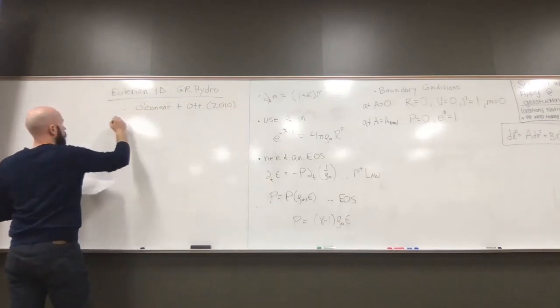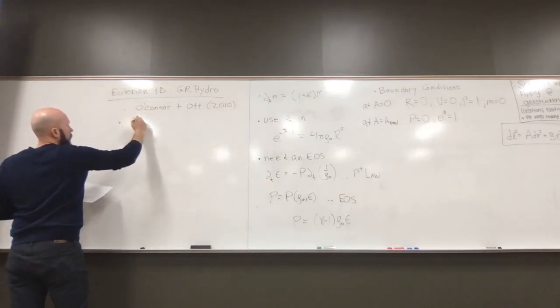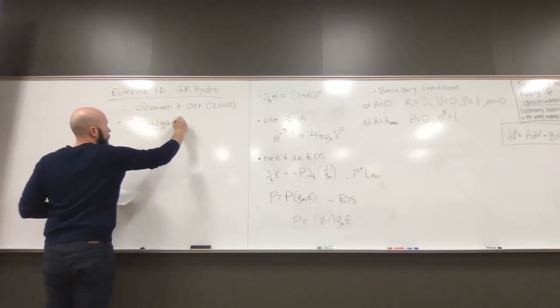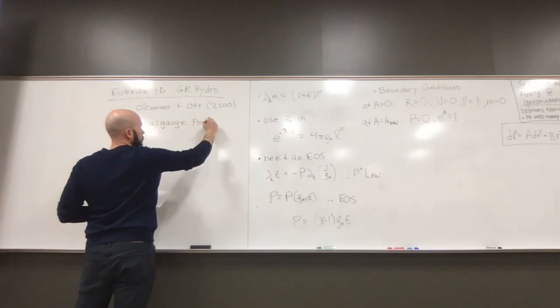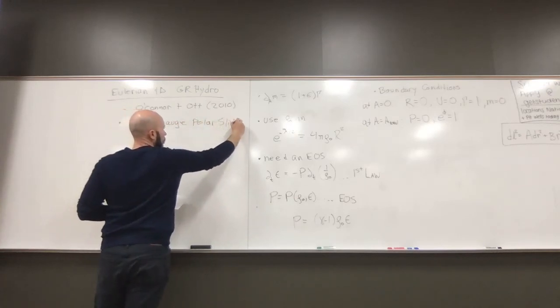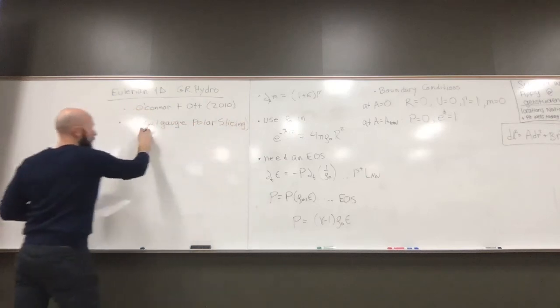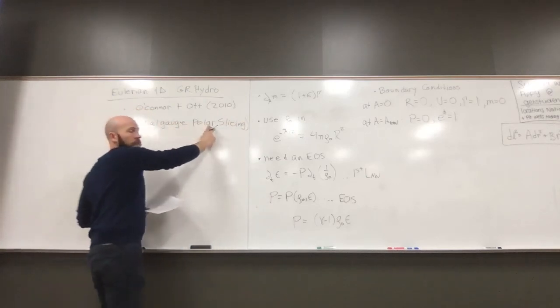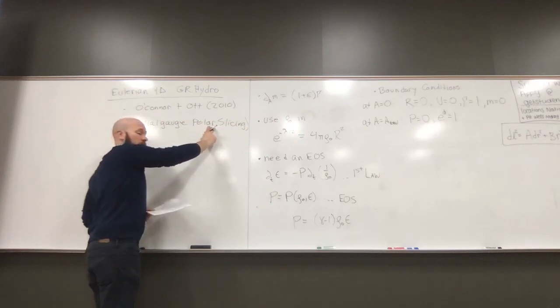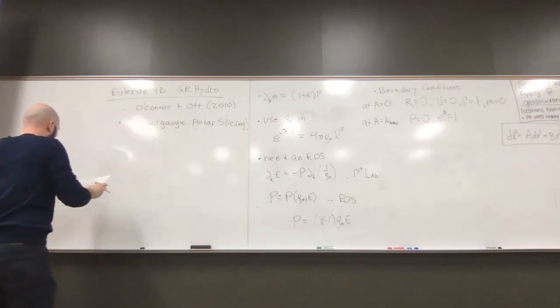Here we're going to use the radial gauge, polar slicing. So we've talked about both of those things. B equals 1, and then this is a constraint on the trace of the extrinsic curvature, okay?